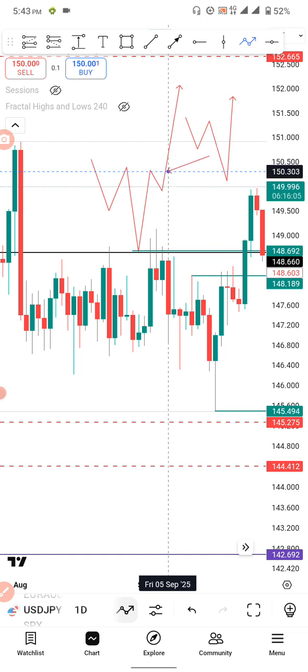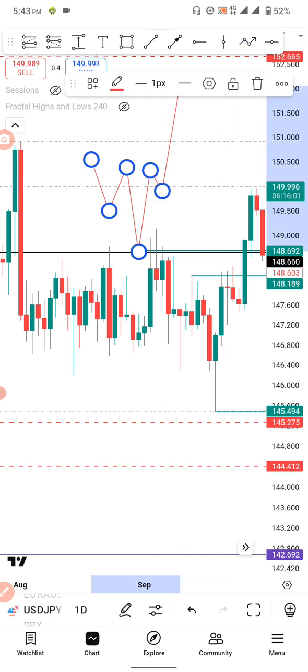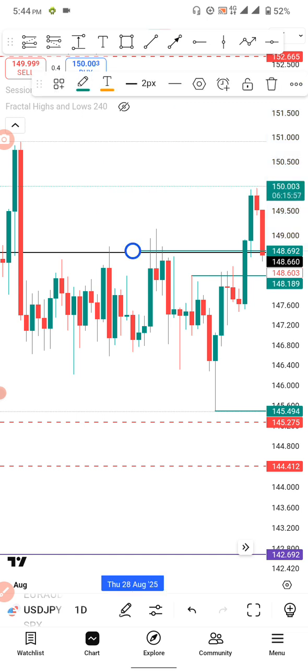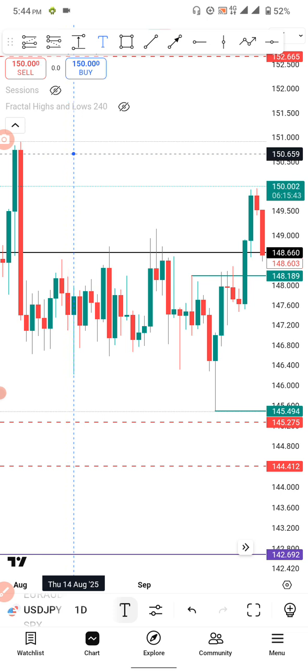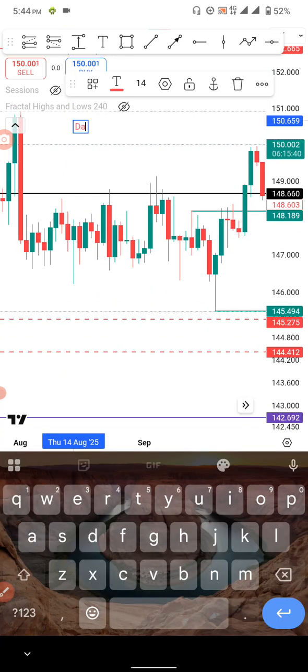Okay, so now let us see. The recent area of liquidity we have, we are breaking down the structure, remember, from the higher time frame to the lower time frame. It is daily, so let us put it down below here.